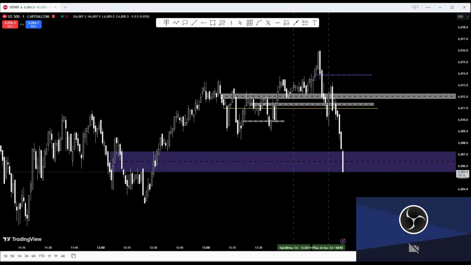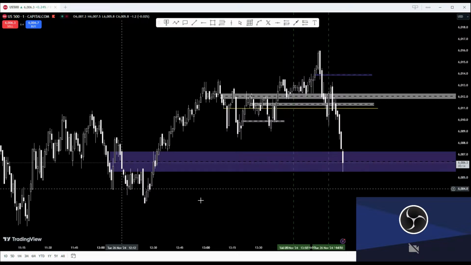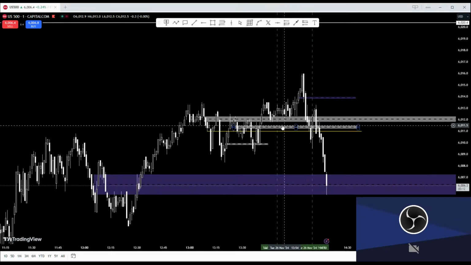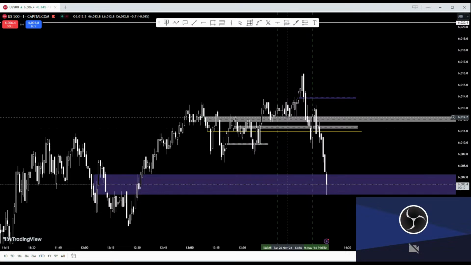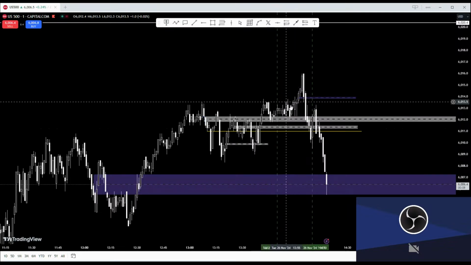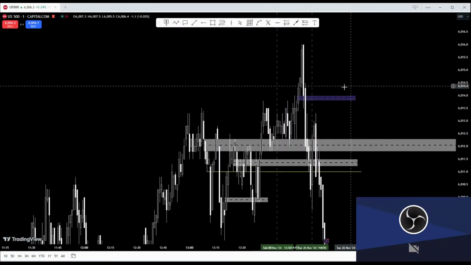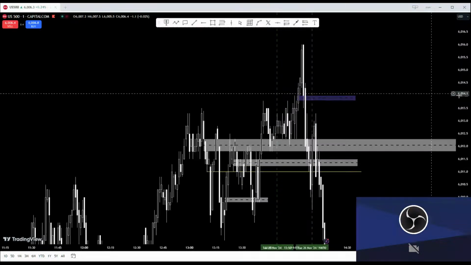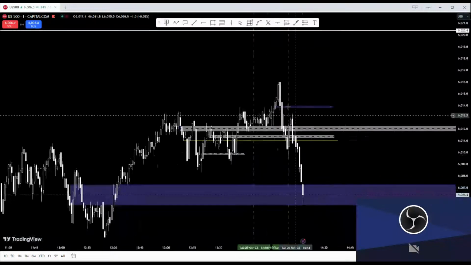So I mean, it's quite clear. Of macro started, no fair value gaps, prices higher. I noted this fair value gap. We wick right on through it.